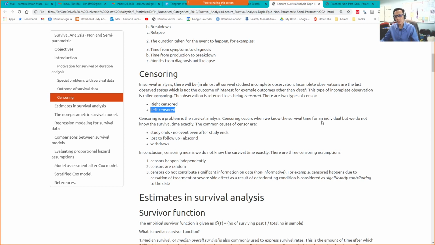We know the survival time, but we don't know the survival time exactly. For example, those on chemotherapy: we give chemotherapy and follow up the patients, supposedly for 1 year. After 6 months of chemotherapy, one of the patients just left the follow up, and we don't know what happened to him.